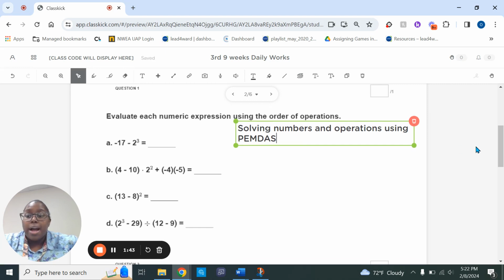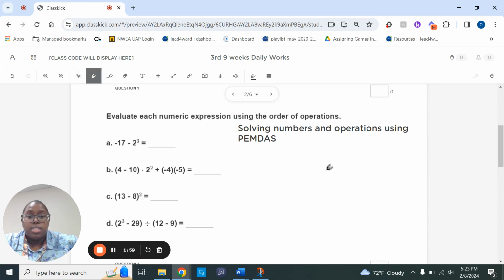You are required to use PEMDAS anytime you have more than one operation. I'll say that again. You are required to use PEMDAS anytime you have more than one operation. So let's begin. I'm going to put my PEMDAS here.